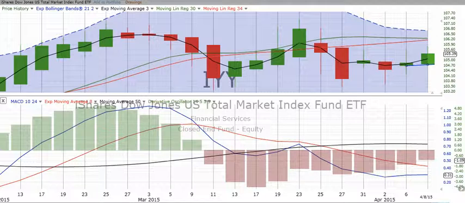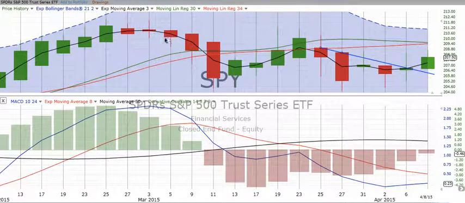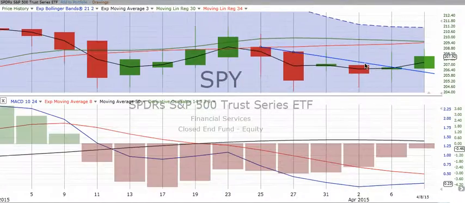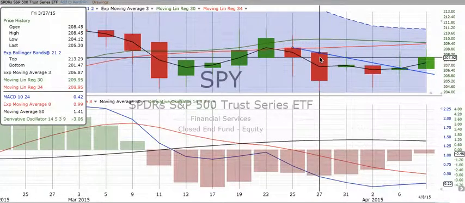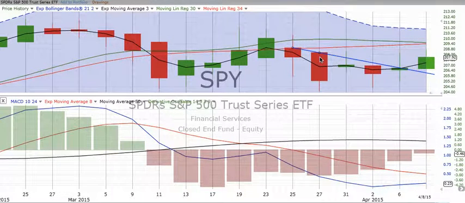Now, let's go from that chart, the total market, to the SPY. This is the Standard & Poor's 500. This shows us what's going on with those 500 big companies. And again, you can see nothing has risen above this red candle back on the 27th on that 2-day period.